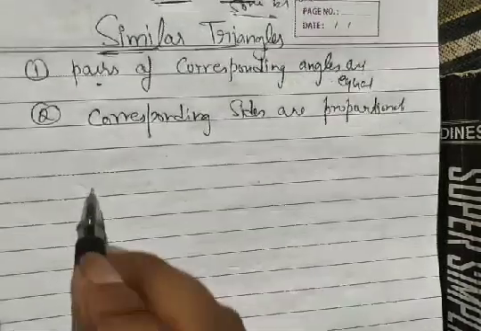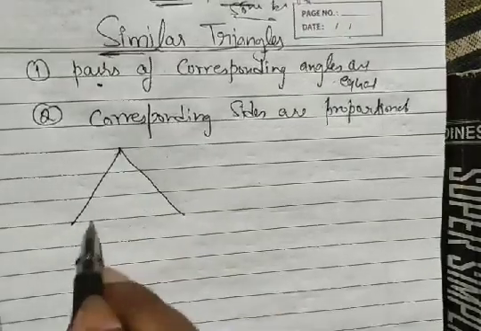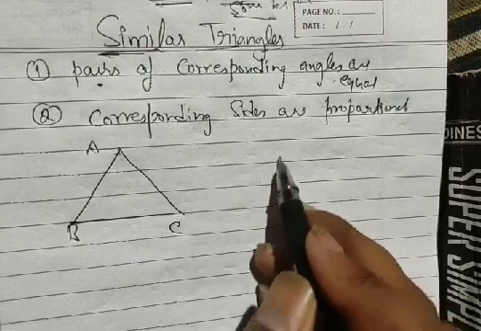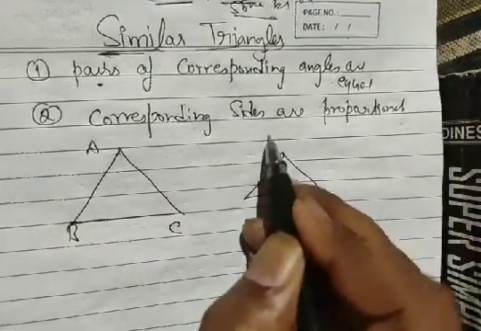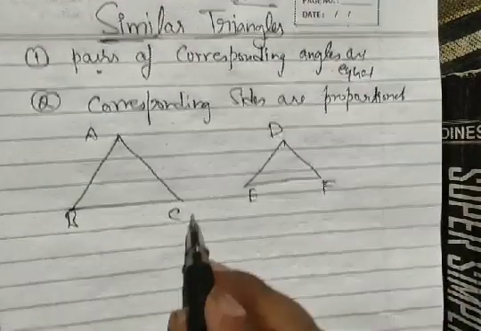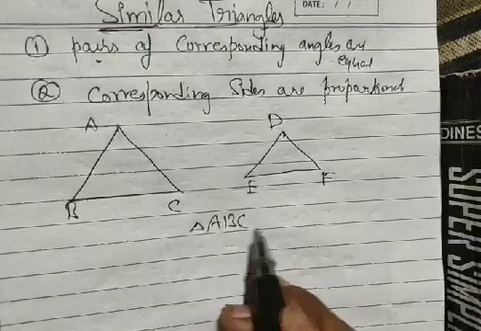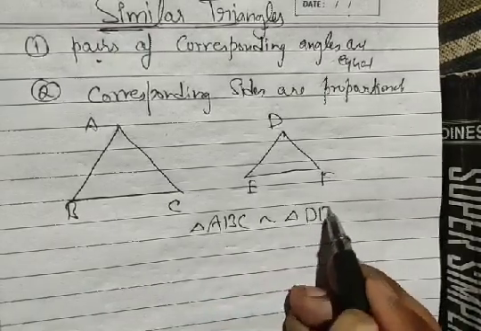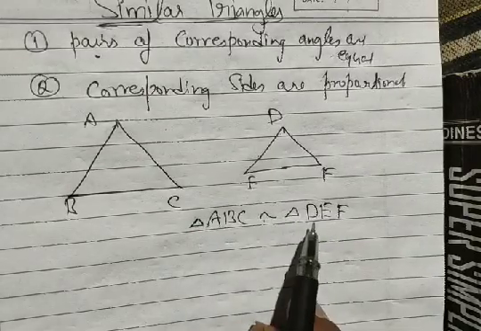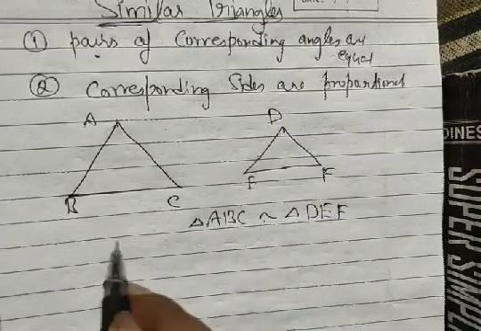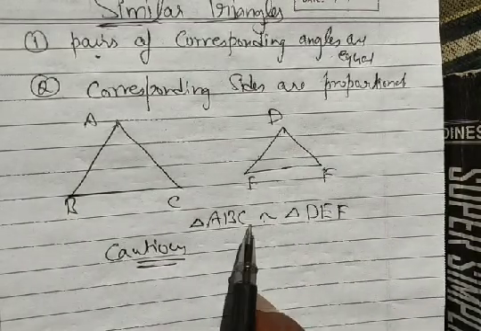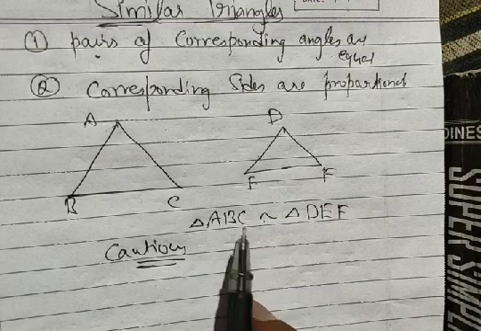Just suppose in the figure we take two triangles, triangle ABC and triangle DEF. If we are given triangle ABC is similar to triangle DEF, then we should be cautious while writing the order of the vertices of two similar triangles.